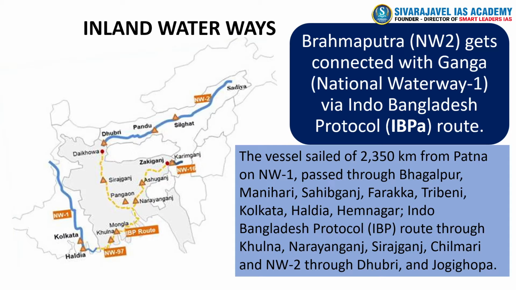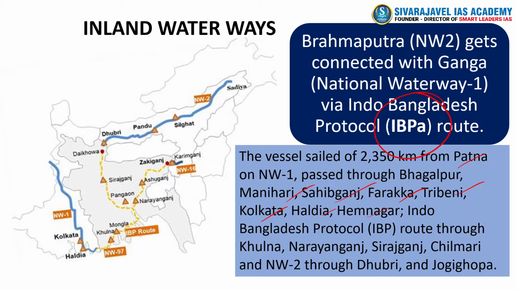The Brahmaputra, which has National Waterway 2, was connected with the Ganga, which has National Waterway 1, through the Indo-Bangladesh Protocol or IBP route. This ship sailed from Patna on National Waterway 1, passing through Bhagalpur, Manihari, Sahibganj, Farakka, Triveni, Kolkata, Haldia and Hemnagar.